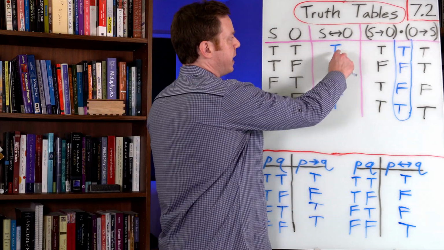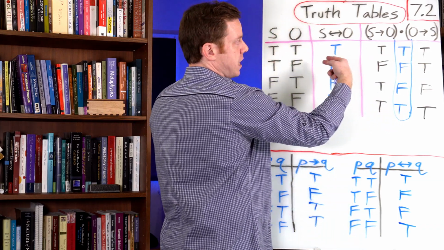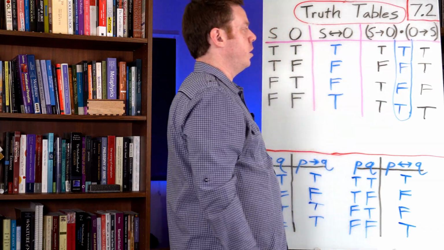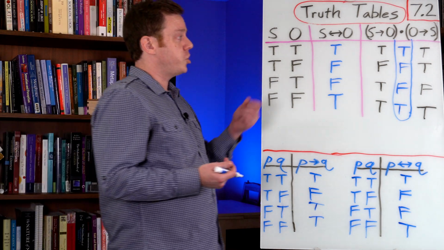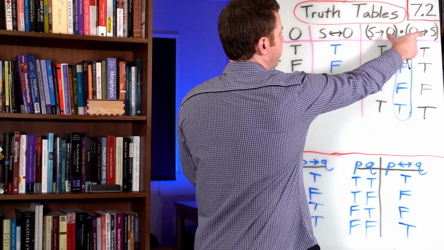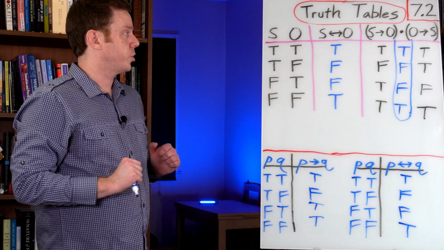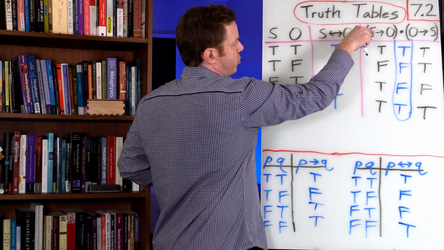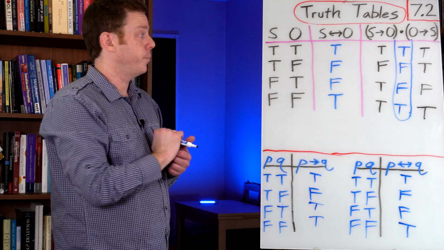So every time the biconditional is true, this conjunction of two conditionals is true. Every time it's false, the conjunction of the two conditionals is false. So what this shows is that this biconditional is logically equivalent to this conjunction of two conditionals, one basically going each way that the biconditional does, and putting them together.